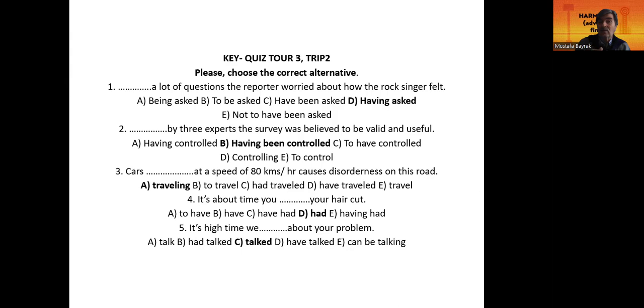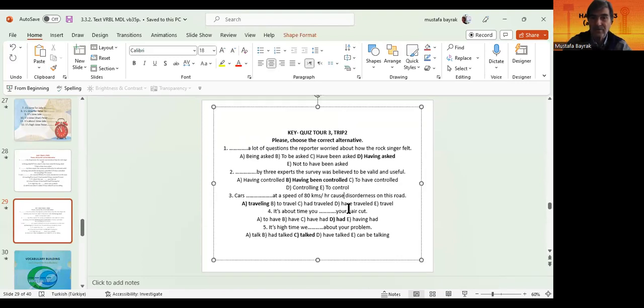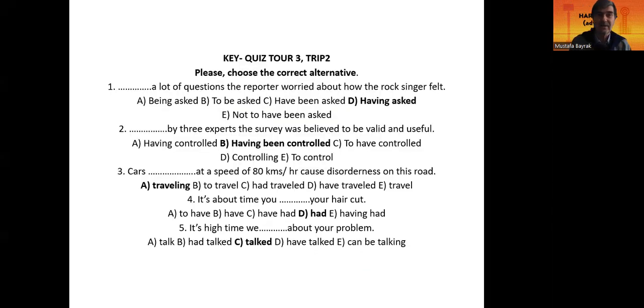When we start studying adjective clauses, we will say it like this: cars which are traveling at a speed of 80 kilometers cause disorderliness on this road. Cars is plural, so not "causes," but "cause." Just one letter is not necessary there.